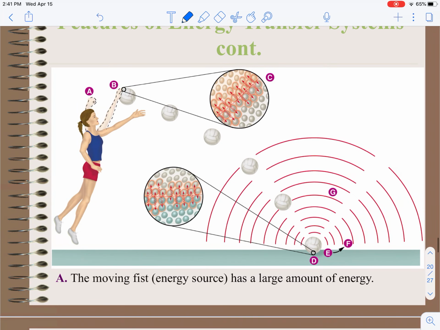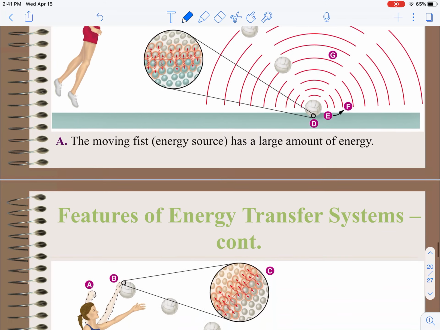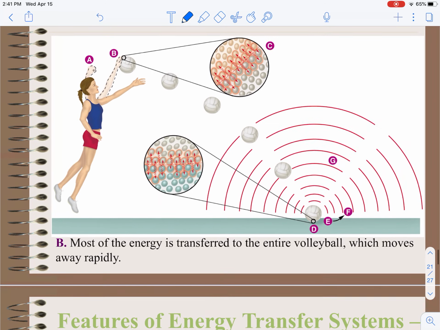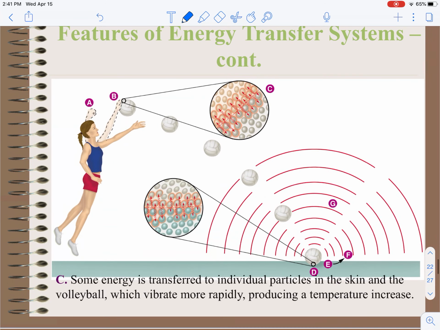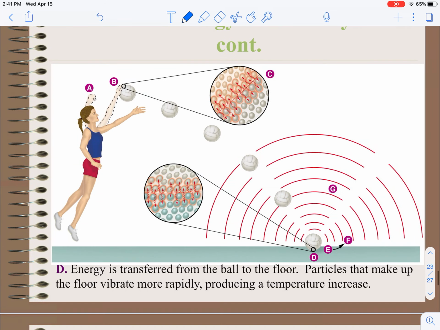So this volleyball example of the transfer says that your fist, picture A, has a lot of energy, and that energy is transferred to the volleyball when you spike it, and then you're going to feel that heat left in your hand because from that slapping motion, some of the vibrations of energy are moving back to your hand and making your hand feel hot where you hit the ball.